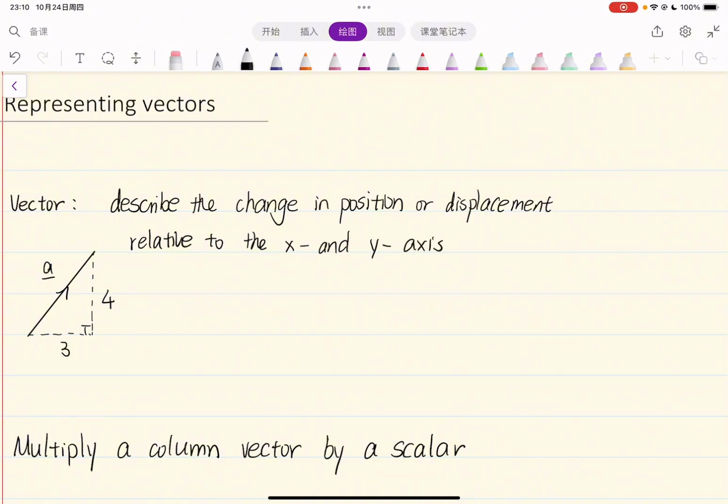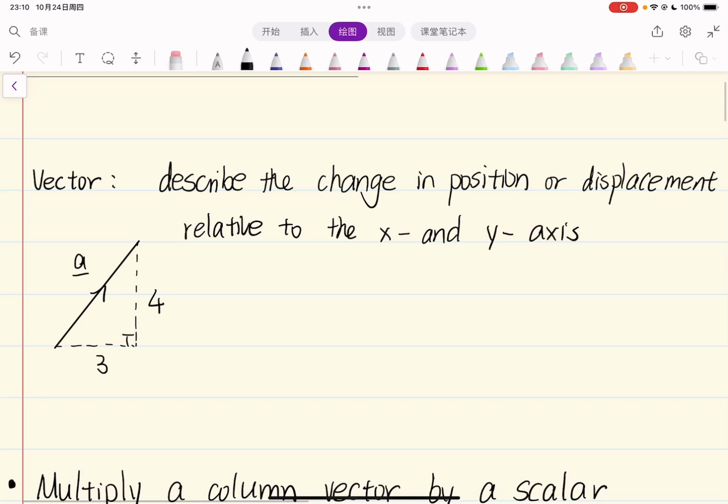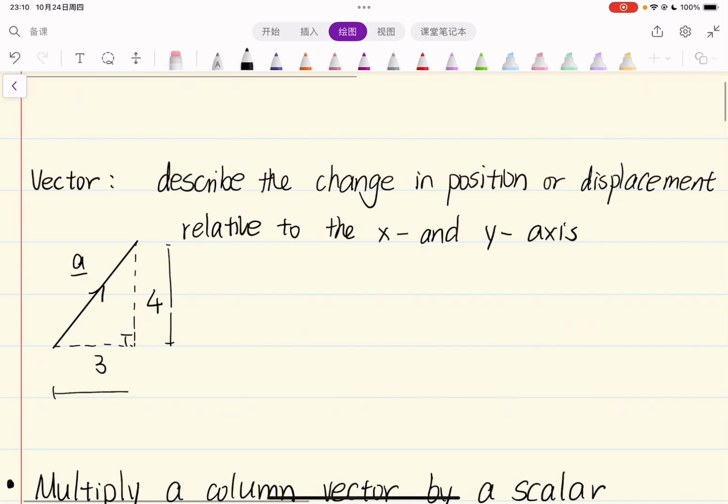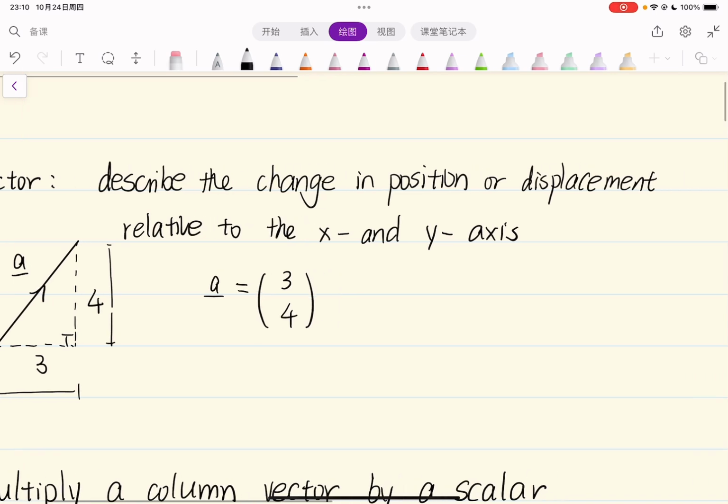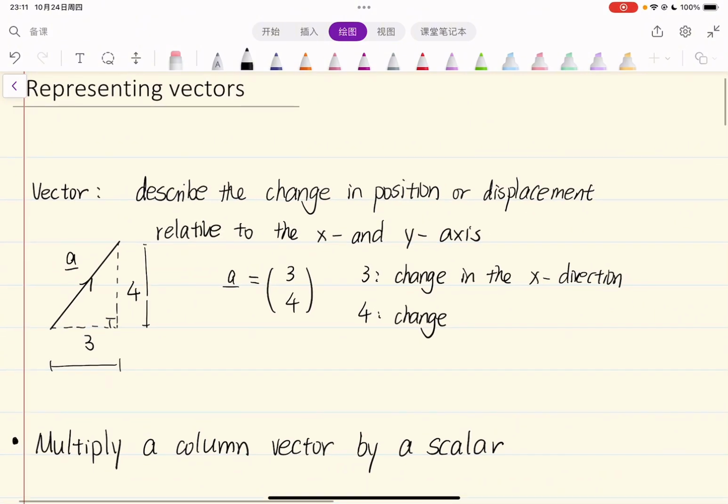For example, we can see there is a vector A, and the vertical displacement is 4 and the horizontal is 3. So we can write that vector A equals (3, 4), where 3 is a change in the x direction, and 4 is a change in the y direction.